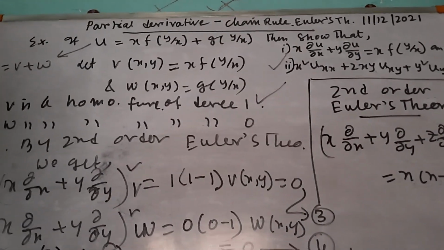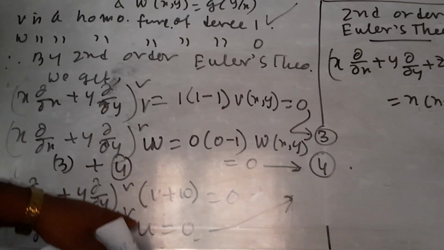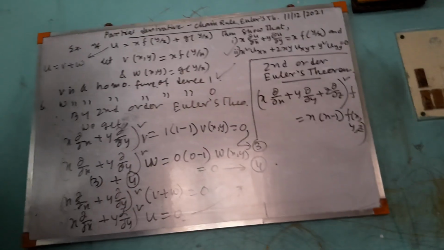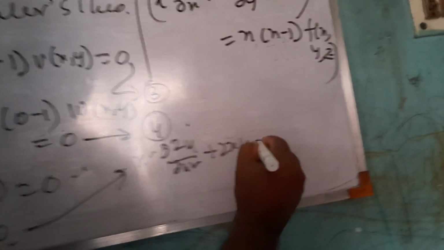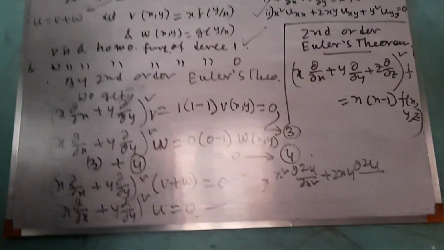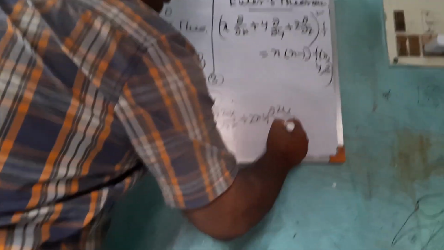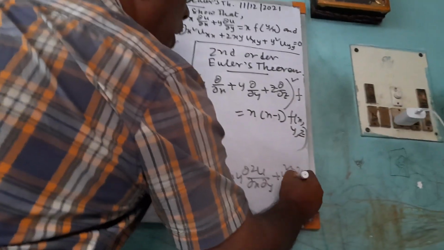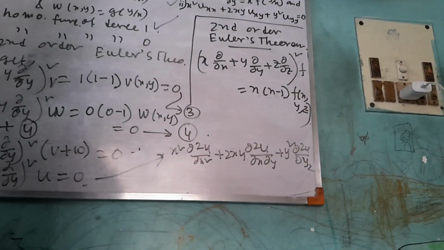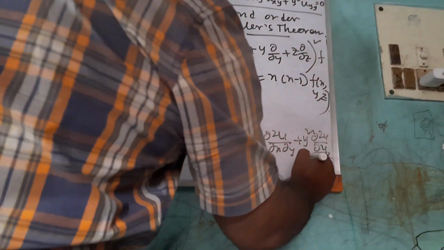Now if we expand this whole square, this result will come: x² ∂²u/∂x² + 2xy ∂²u/∂x∂y + y² ∂²u/∂y² is equal to 0.